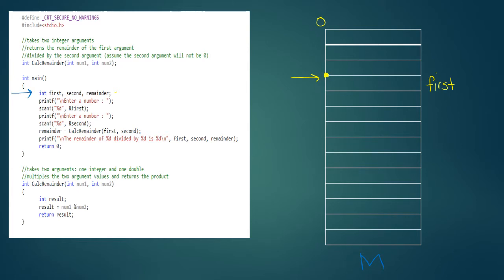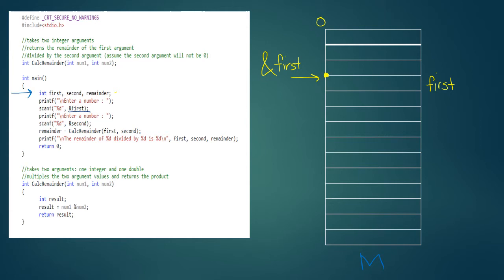So the variable first is located at this location in memory, and that's the address of first. You can see that we're already using address of when we're using scanf right there. The second argument to scanf is actually the address of the variable.